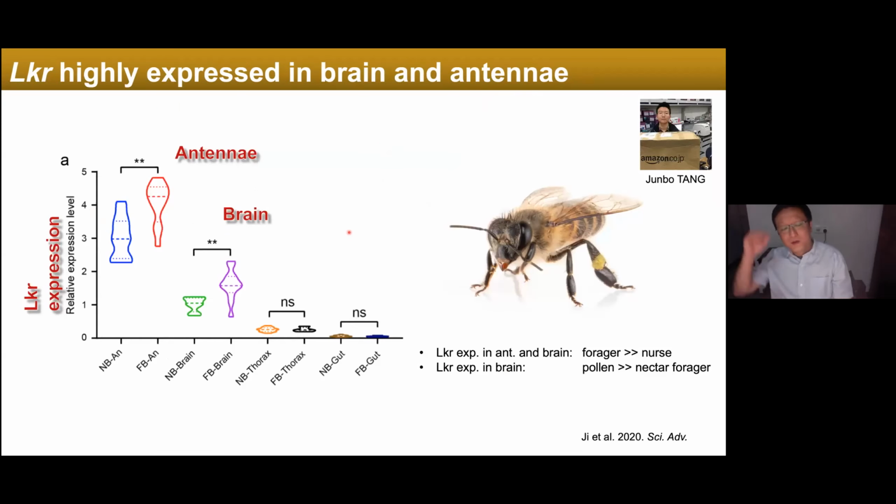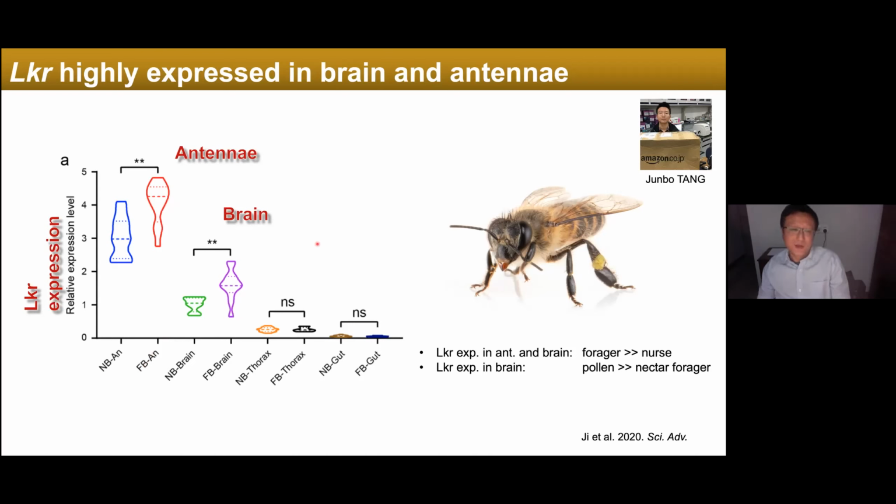To understand what exactly it does in the honeybees, we carried out some molecular work. First we measured the expression level of the gene in different body parts and in different castes, different divisions of workers. The results show that the gene is more significantly expressed in both antennae and brain, and also more highly expressed in the forager bees when compared to the nurse bees.